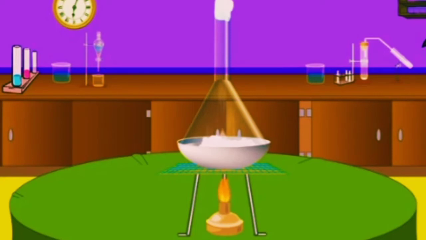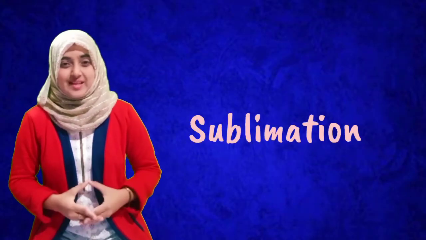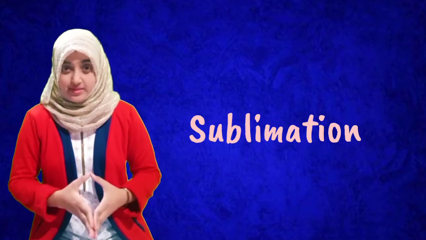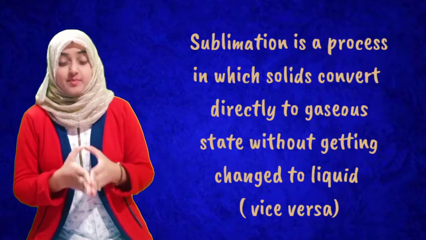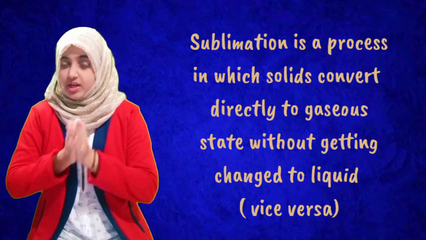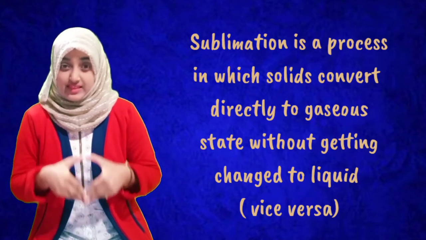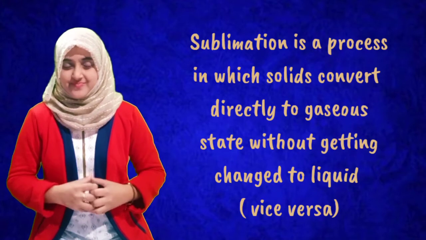So this process in which the solid gets directly converted to gaseous state without turning to liquid is called sublimation. So sublimation is a process in which the solids can directly be converted to gaseous state without getting converted to liquid, and vice versa.